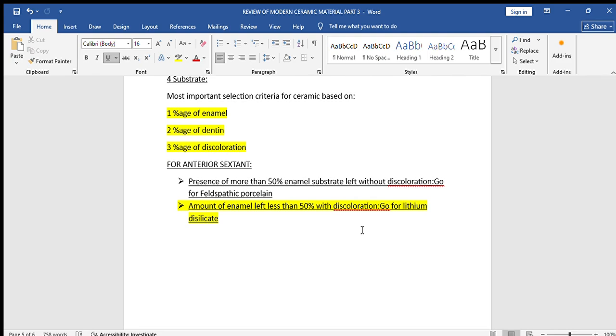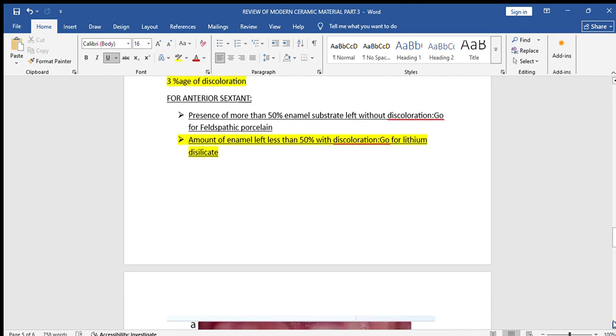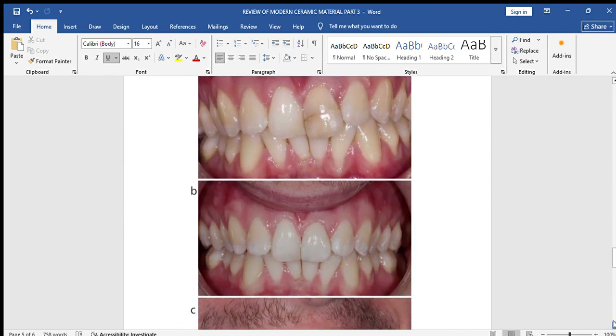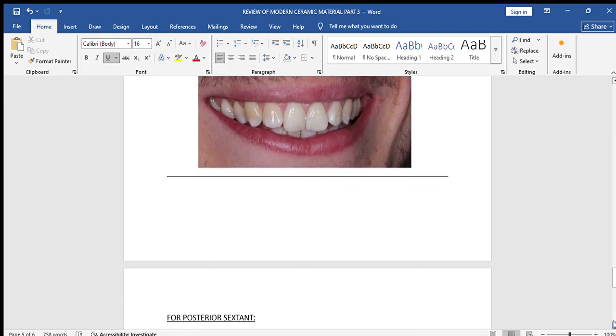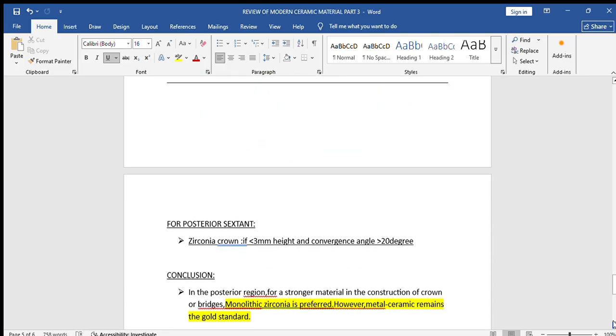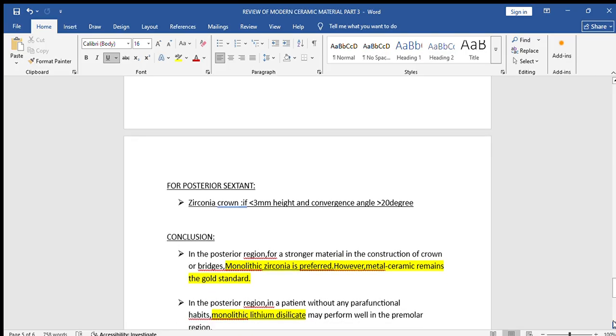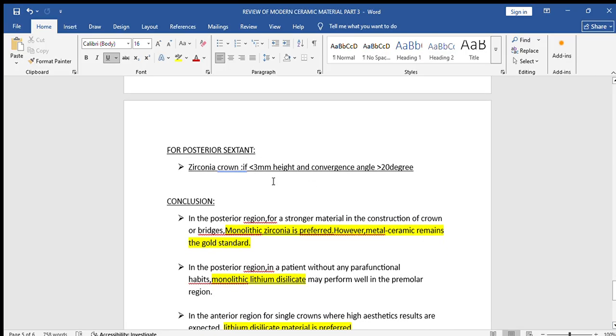Very first reason was discoloration. Second, enamel was less than 50%. It will be observed after removal of the defective restoration. Similarly, in the posterior sextant, we will go for zirconia crown, but there are again indications. It must have a height less than 3 mm and a convergence angle greater than 20 degrees.